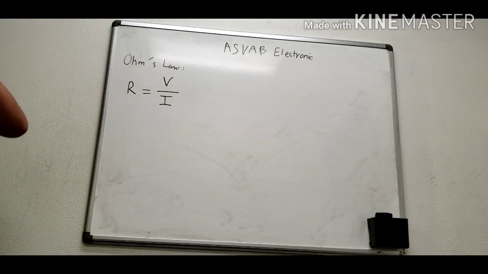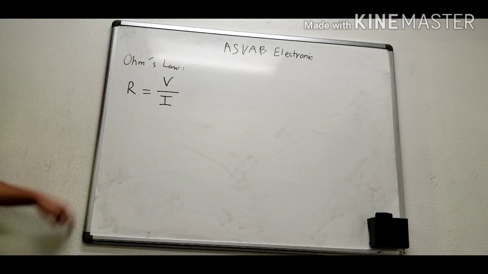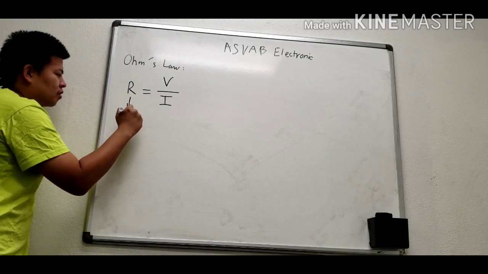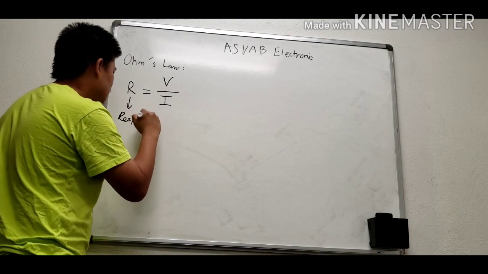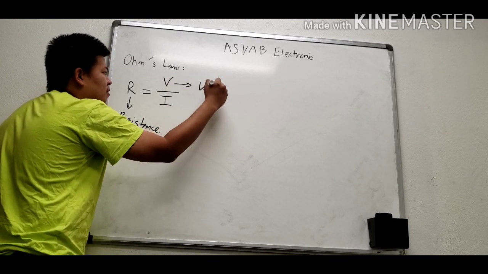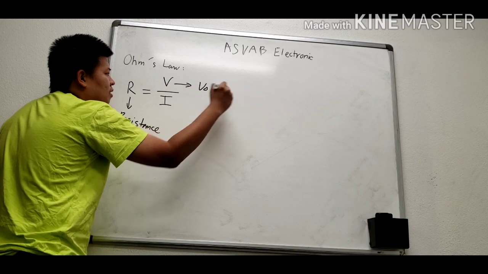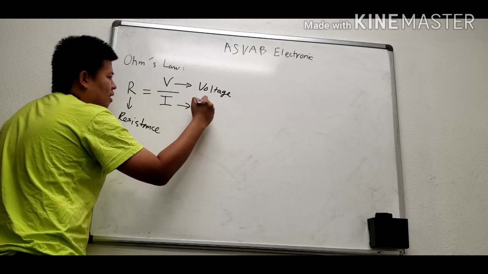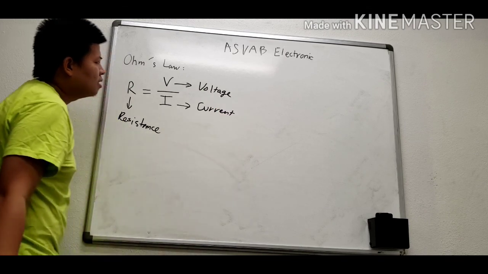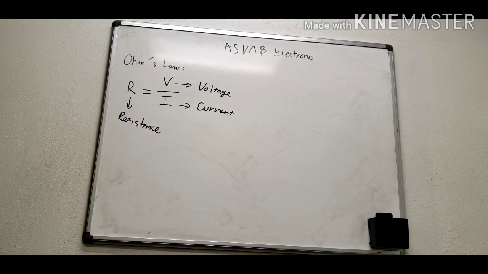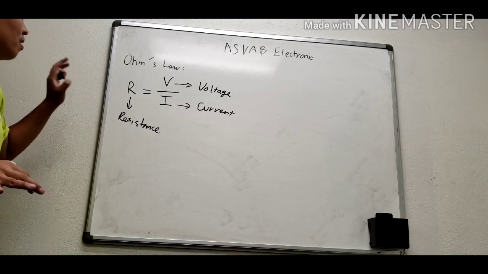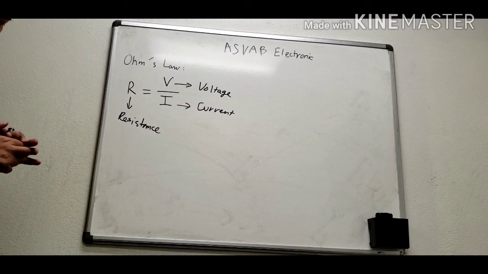This is Ohm's law, and we have the resistance, the voltage, and the current. This formula will be on the test, and we will learn about Ohm's law.